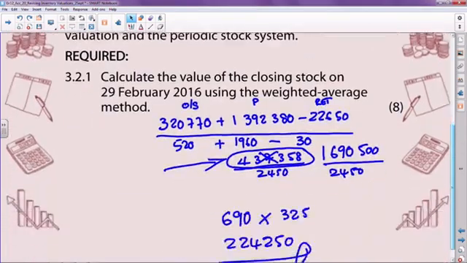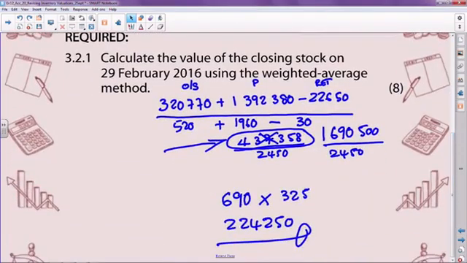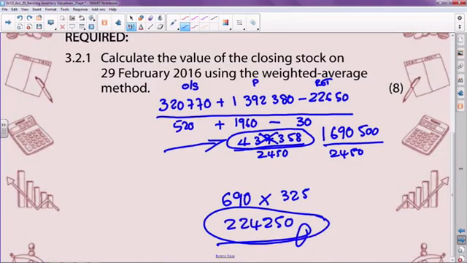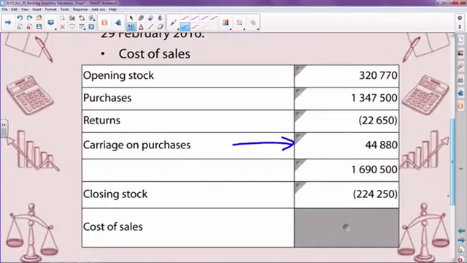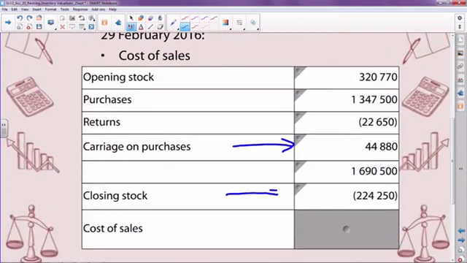This 224,250 is what you're going to use when you are slotting in your closing stock. Then obviously this would give you your cost of sales.